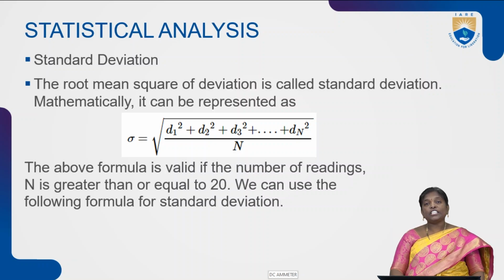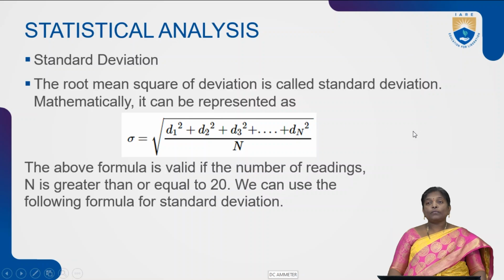If the standard deviation is calculated for more than 20 readings, then the standard deviation sigma can be represented as square root of d1 square plus d2 square plus d3 square and so on dn square by n number of readings. Here d1 represents deviation from mean 1, d2 deviation from mean 2, d3 deviation from mean 3. So in this we consider the square root of deviation, which is called as standard deviation.